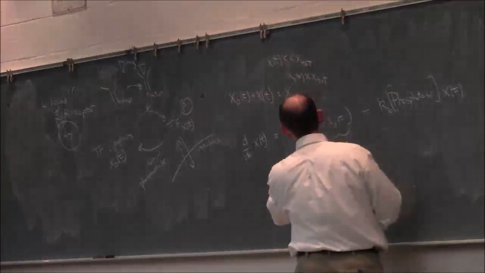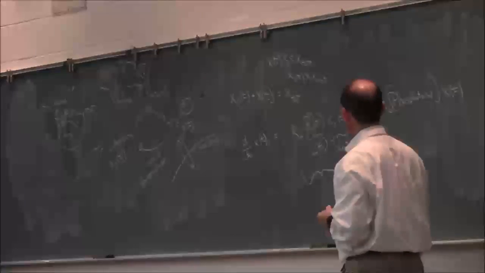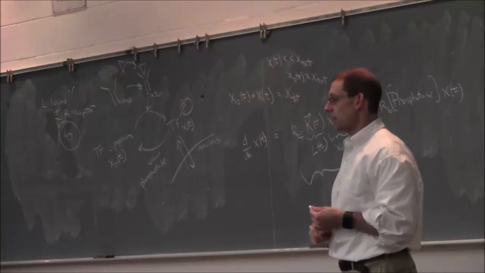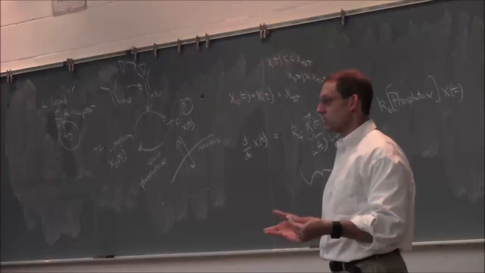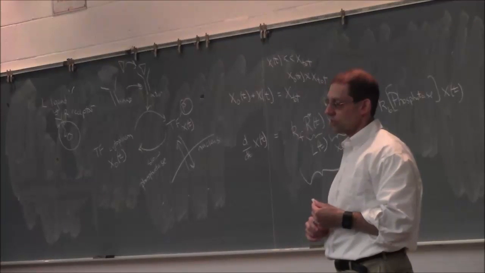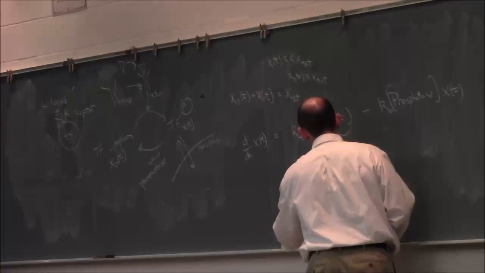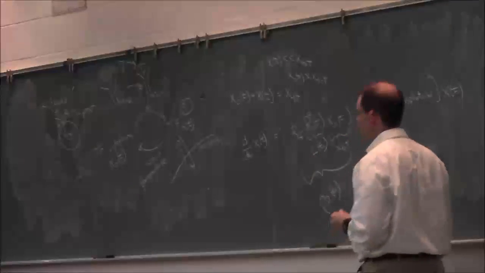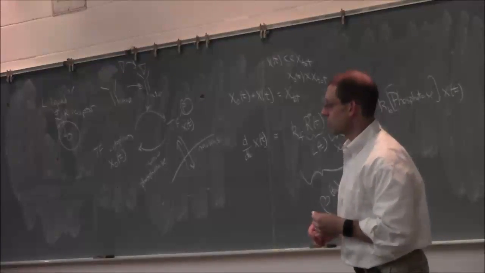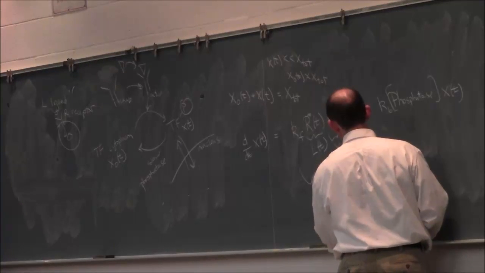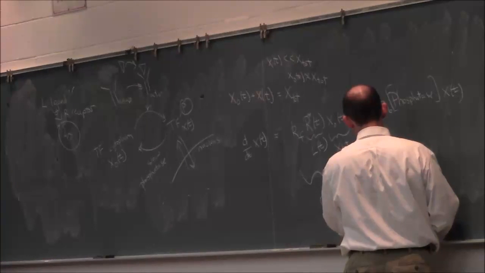Because these are all constants times something that we control, we'll simplify our notation and just call it theta of t. So this is our input, the input that we control.